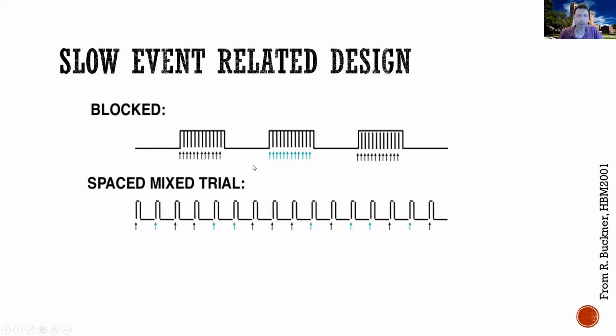If you look at this graphic, I think each of these is just about 12 trials. It means that in the same amount of time, I managed to pack 24 trials of type A, maybe looking at faces, 12 and 12, and another 12 of type B, maybe looking at houses.